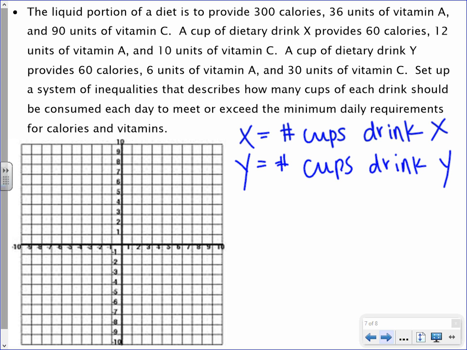Our diet needs to provide 300 calories. How many calories are in drink X? 60. And how many calories are in drink Y? Okay, so 60 calories times the number of cups X plus 60 calories times the number of cups Y need to be what compared to 300?